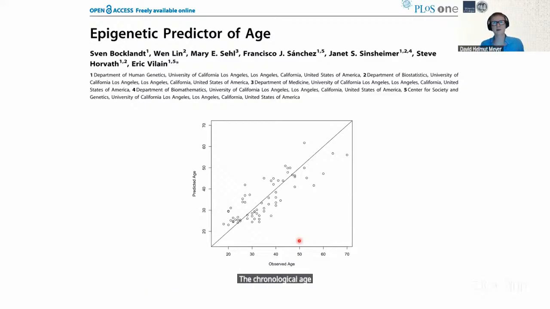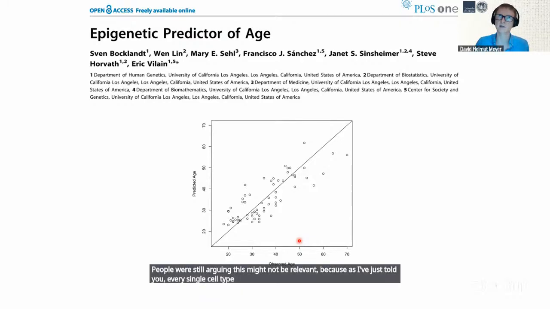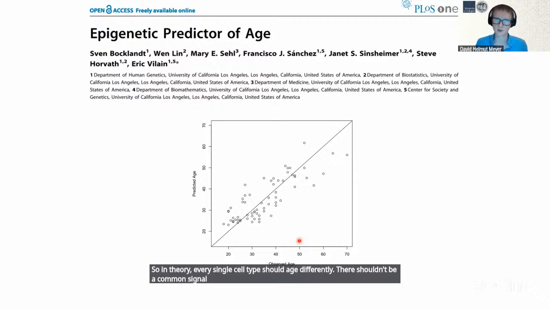People were still arguing this might not be relevant because, as I've just told you, every single cell type in your body has a different epigenetic setup. A liver cell has different genes active or inactive than a muscle cell or a brain cell. So in theory, every single cell type should age differently. There shouldn't be a common signal. Every cell has different genes active and inactive.